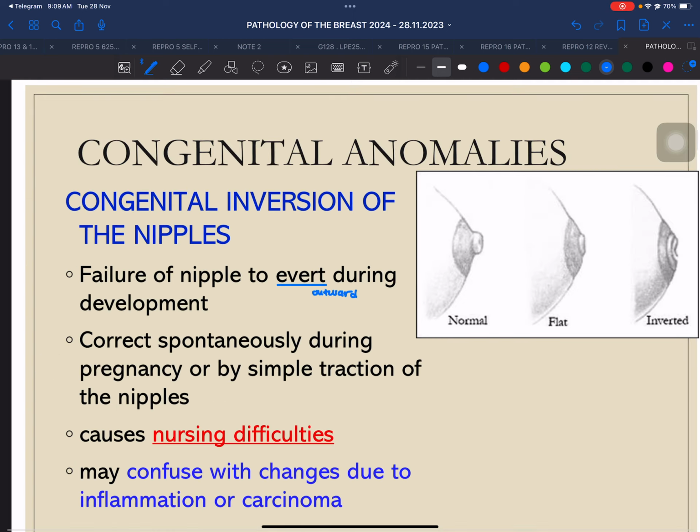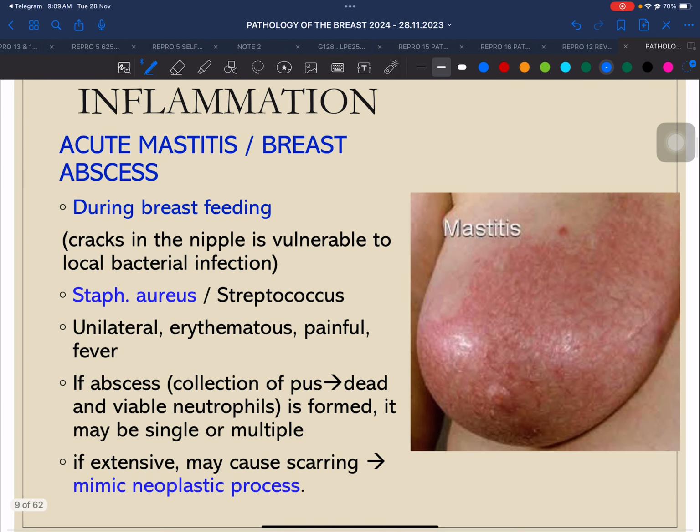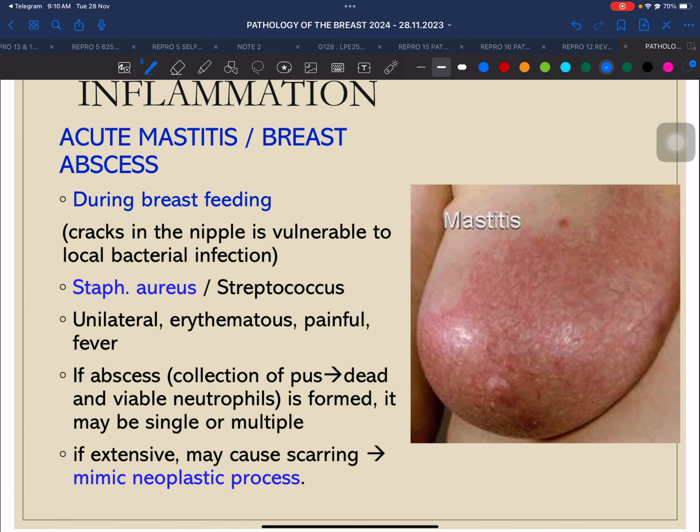For inflammatory conditions, you have acute mastitis, which can progress to breast abscess. This may occur during breastfeeding. When you have cracks in the skin or in the nipple, it is vulnerable to local bacterial infection, usually caused by Staph aureus.